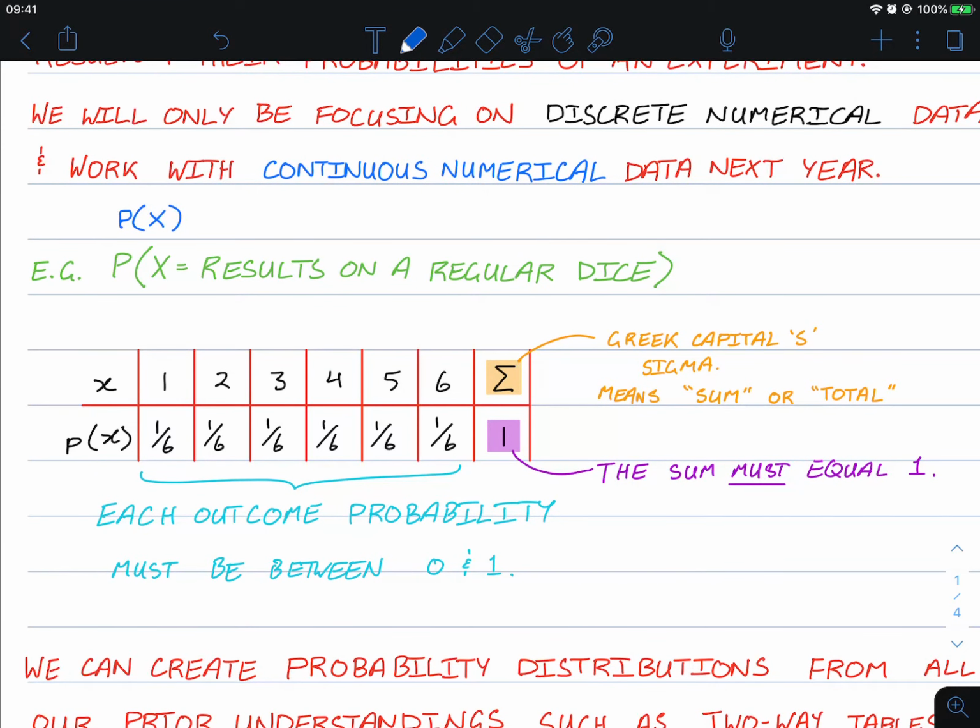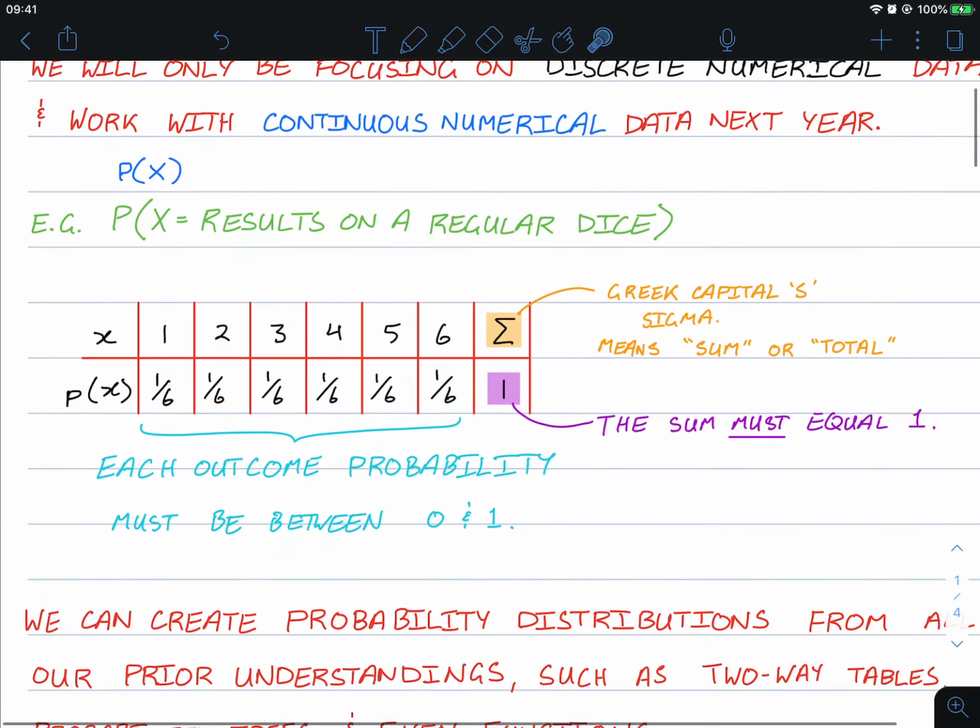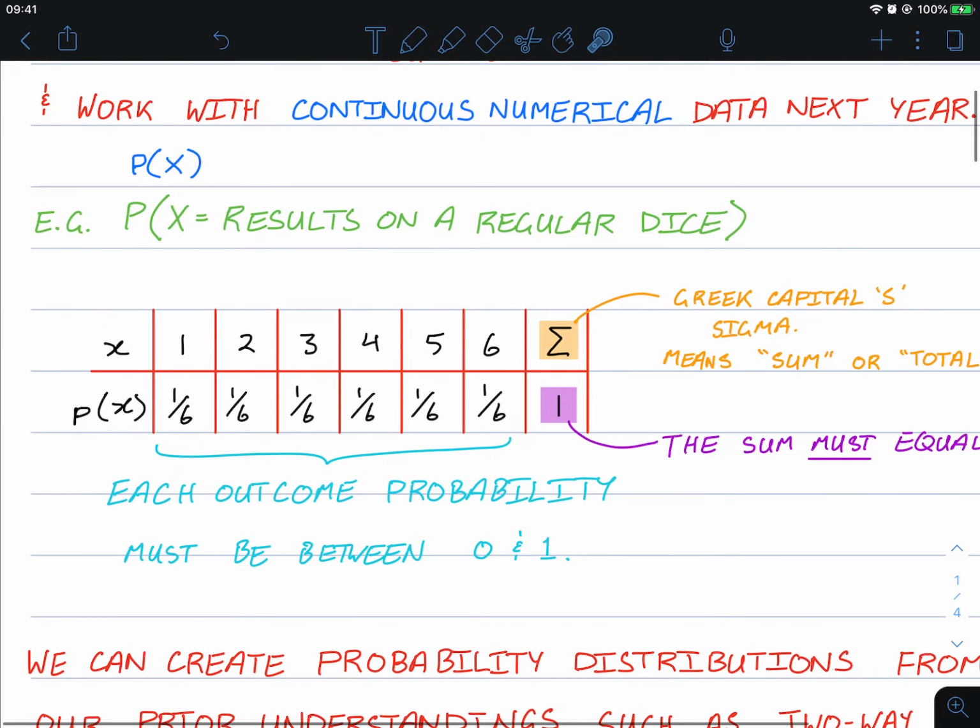Little x represents the individual results that can occur on the experiment. So for example, on the regular dice roll, we could get a 1, 2, 3, 4, 5, or 6. Get the idea?